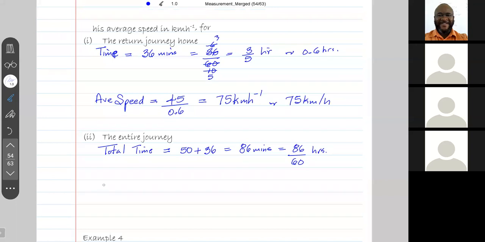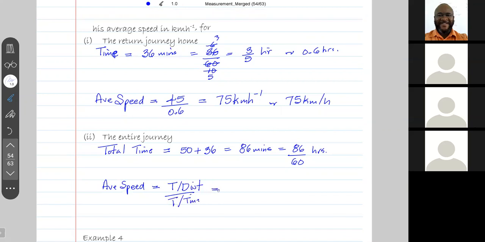Now, the average speed for the entire journey would be equal to the total distance divided by the total time.